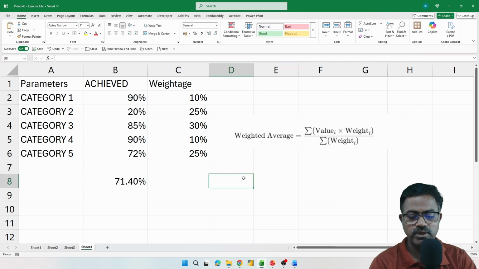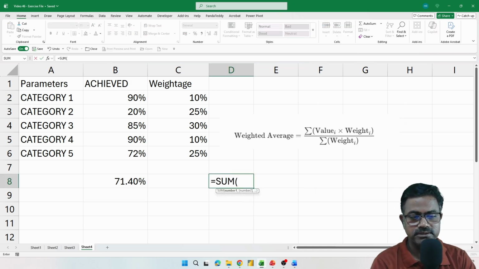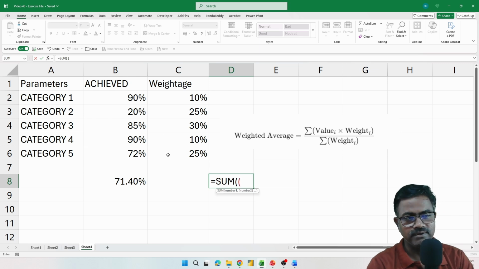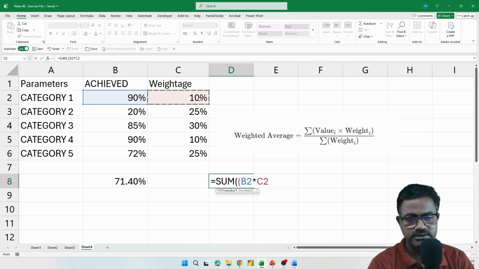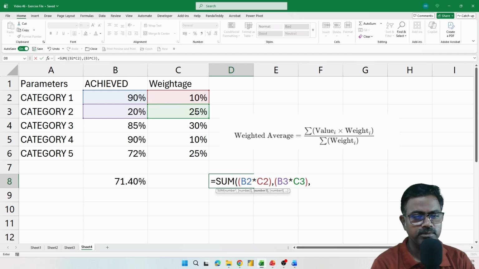So what I'm doing here is a sum of these values: literally this into this, comma, again this into this, comma.